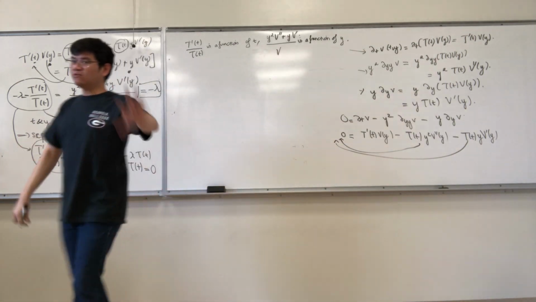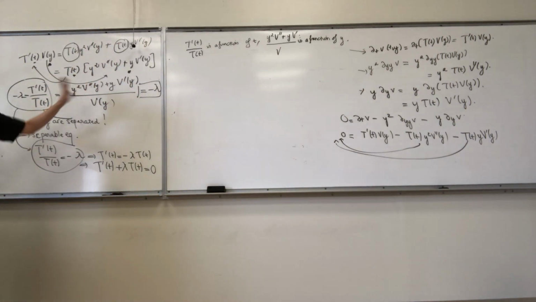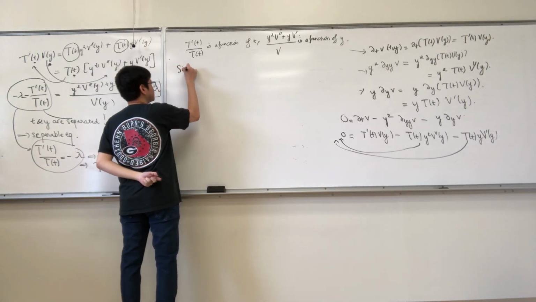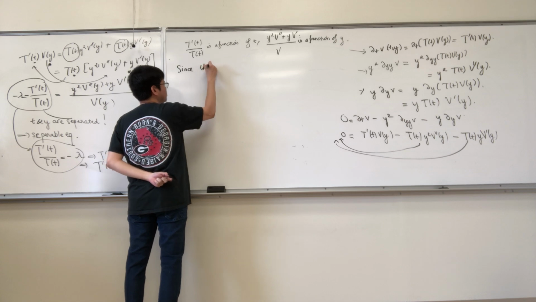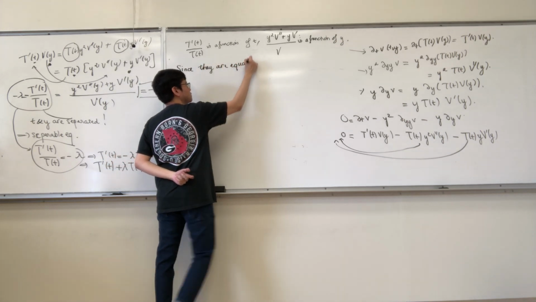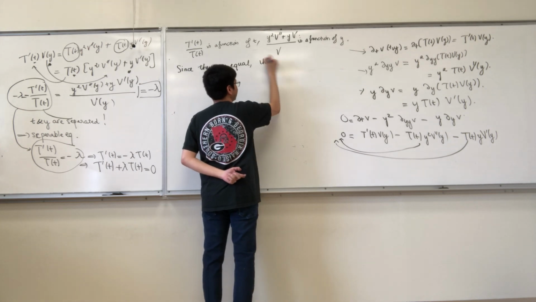Right? So on one hand, you have a function of T. On the other hand, you have a function of y. They are equal. Since they are equal, they have to be a constant lambda.